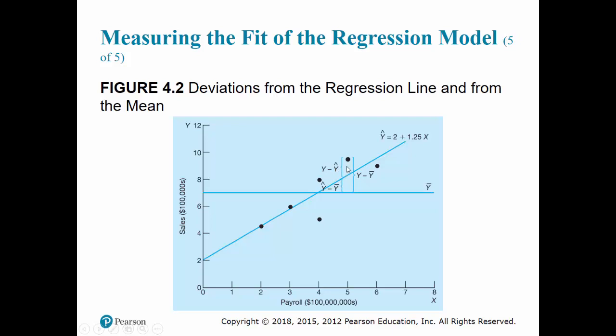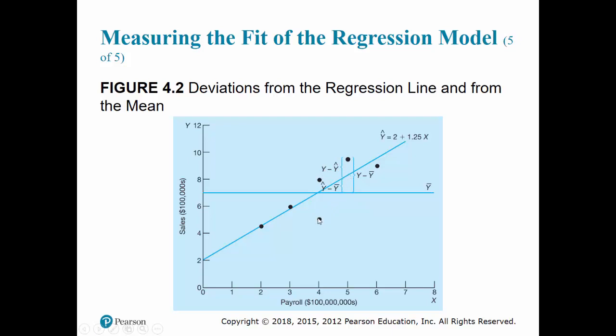So this distance here is what we call the error. This point deviates from this line by that amount. We'll come to the other things later on. Right now let's focus on just this, y minus y hat.